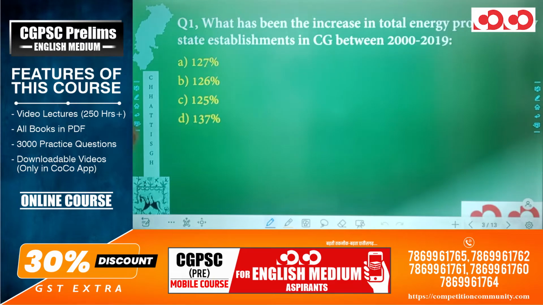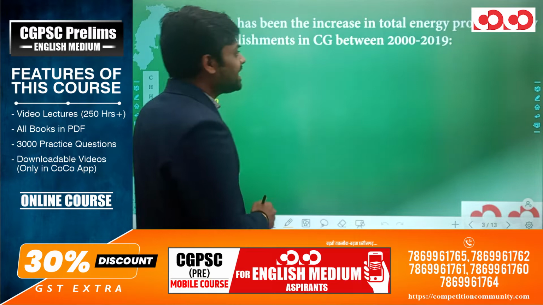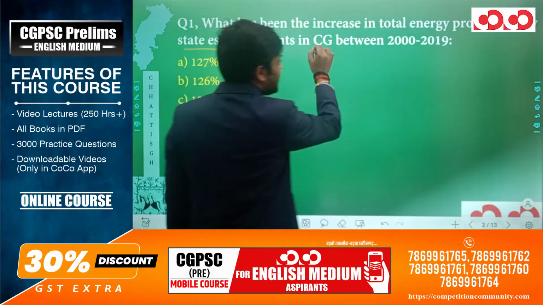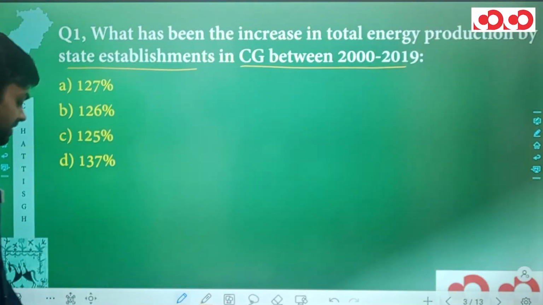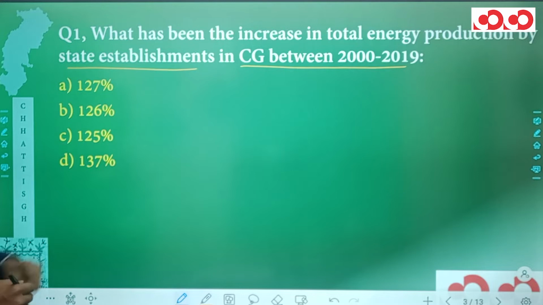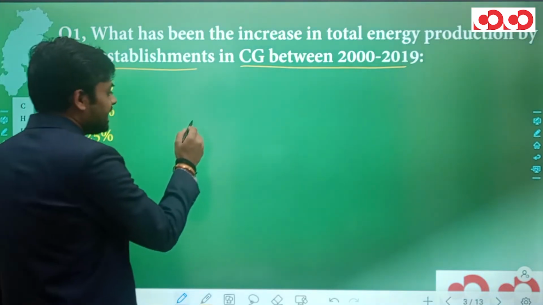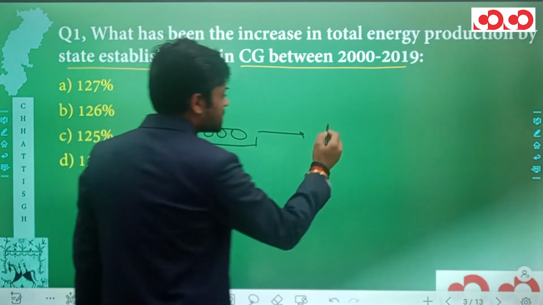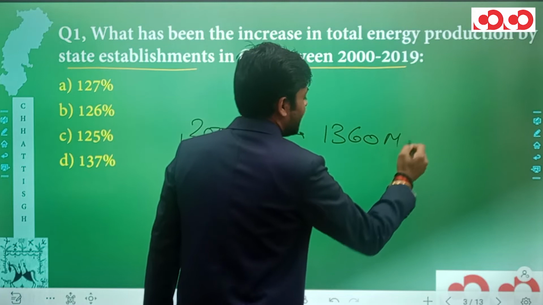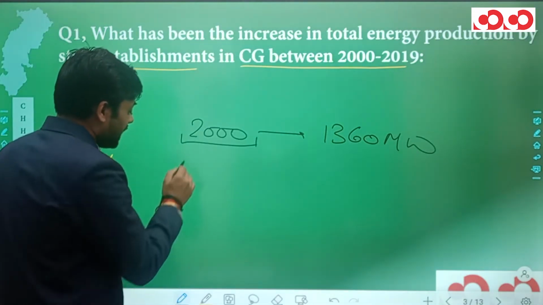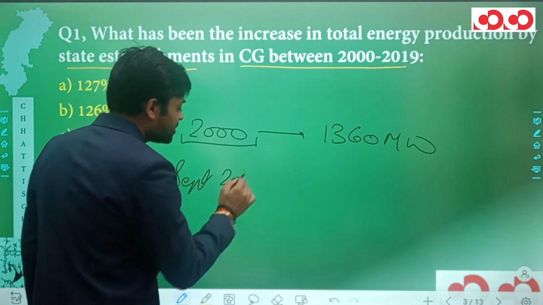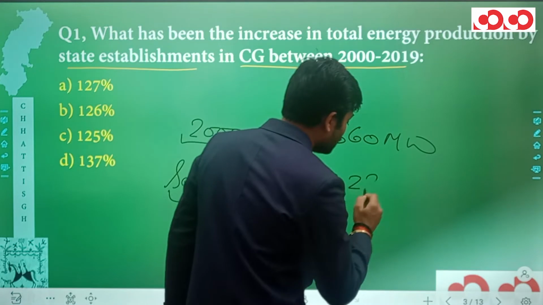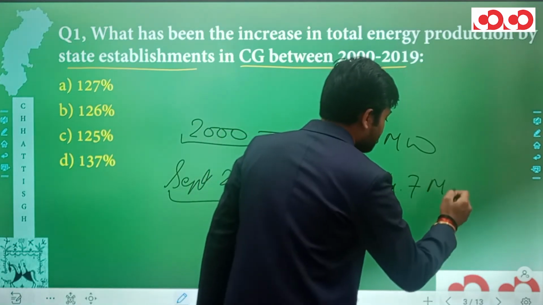Here we have our first question. What has been the increase in total energy production by state establishments in Chhattisgarh between 2000 to 2019? Now, the energy production in the year 2000 by the state establishments of Chhattisgarh was 1360 megawatts, while in the month of September for the year 2019, it was 3224.7 megawatts.